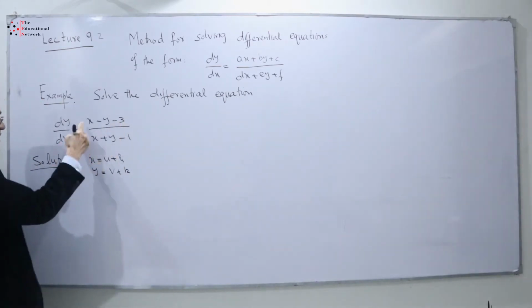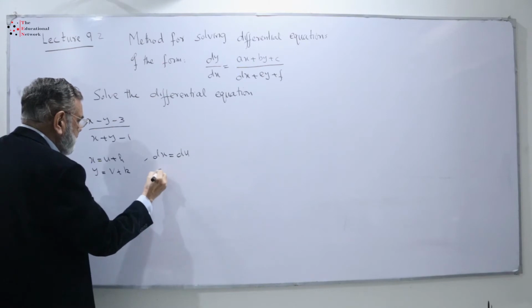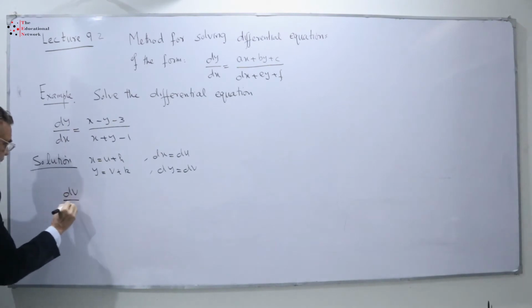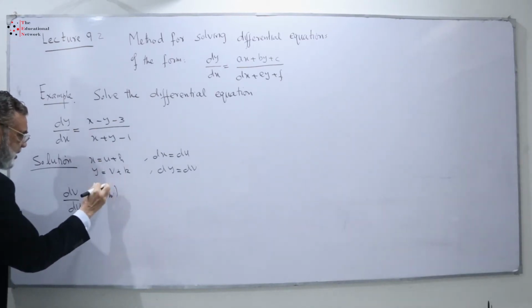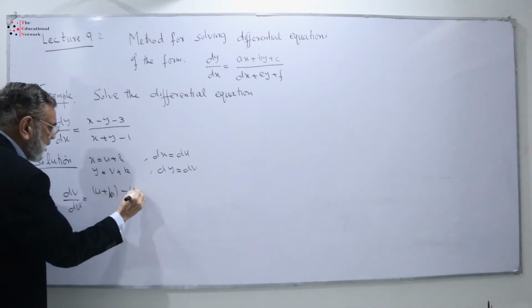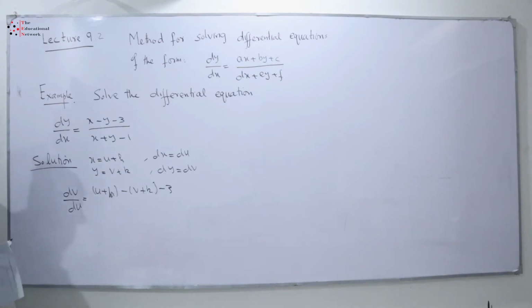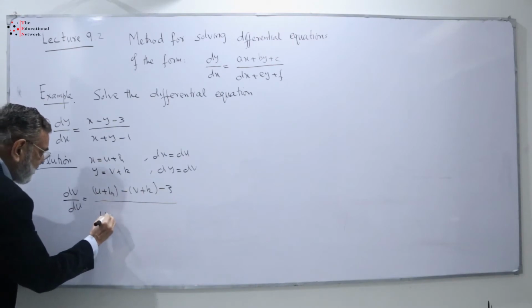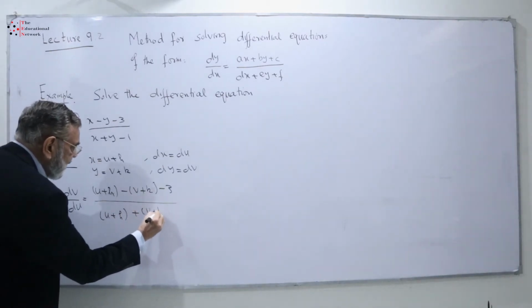We get dx = du and dy = dv. So when I substitute here, I get dv/du = ((u + h) - (v + k) - 3)/((u + h) + (v + k) - 1). Now the numerator has x = u + h and y = v + k, and the denominator has the same substitution.